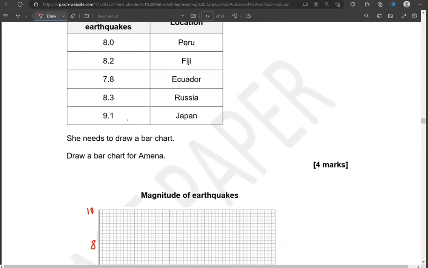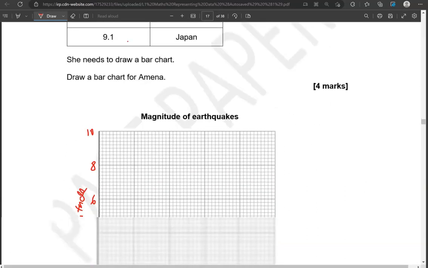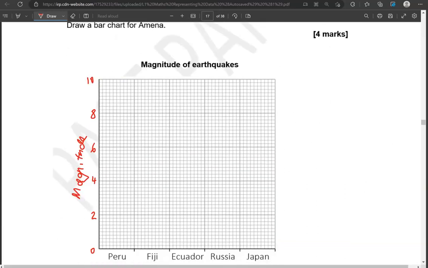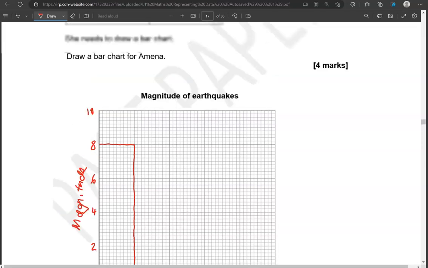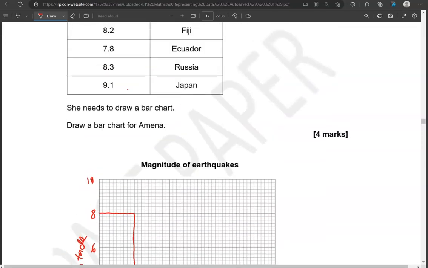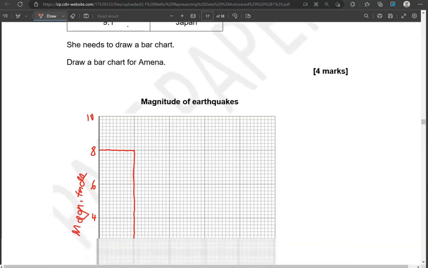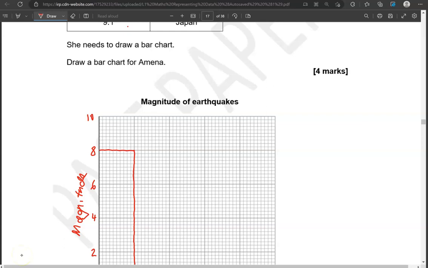So 8.0, or 8 for Peru. Fiji, that is 8.2. So one little square higher, because a little square represents 0.2.